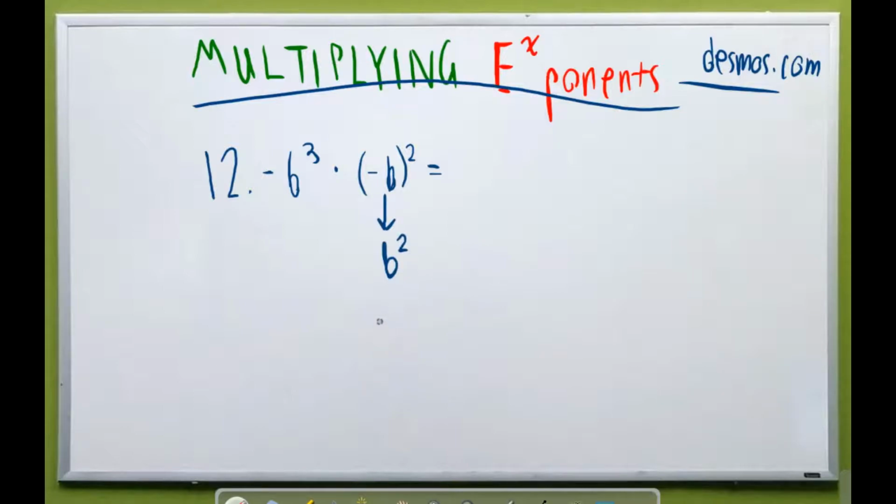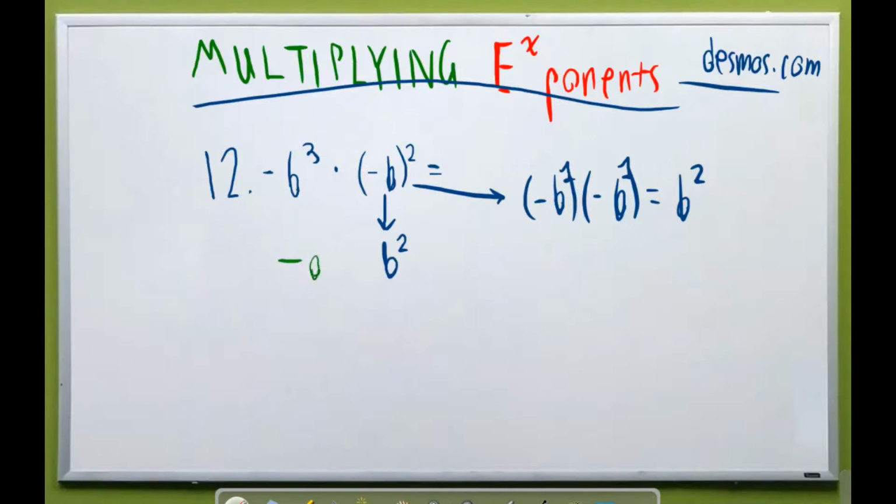The reason why is because this is the same thing as -b times -b. And a negative times a negative is just a positive. So b times b is the same thing as b to the first power times b to the first power, and add those powers together and you get b squared. So let's rewrite this problem knowing that we have -b cubed times b squared.